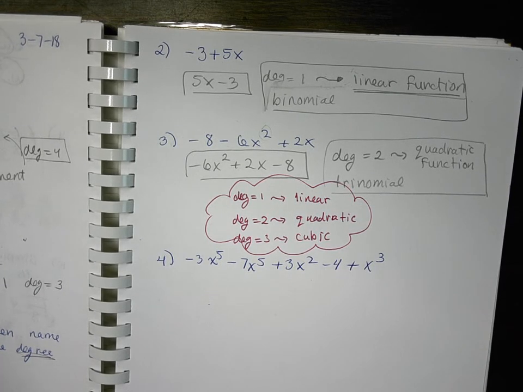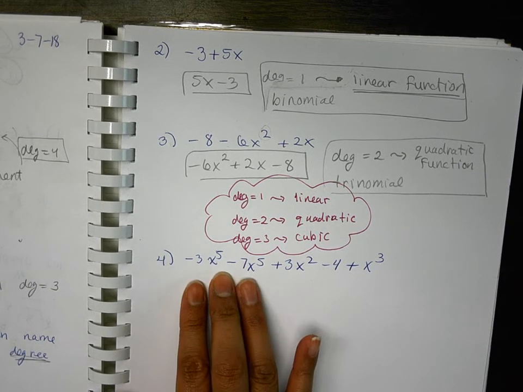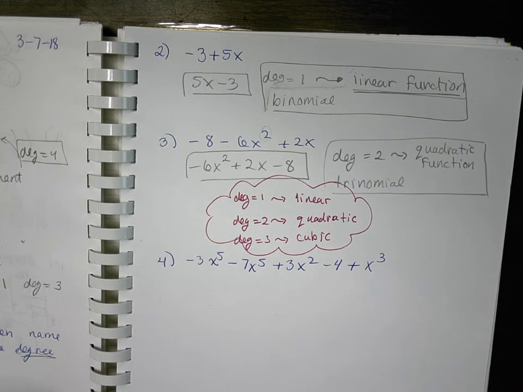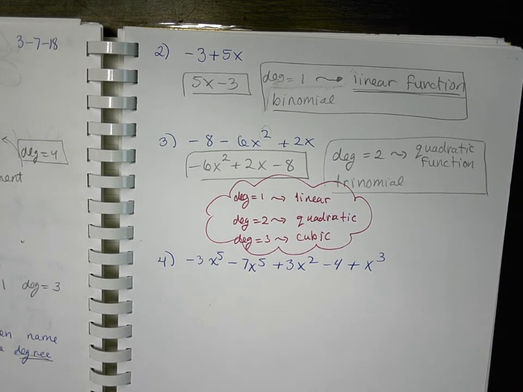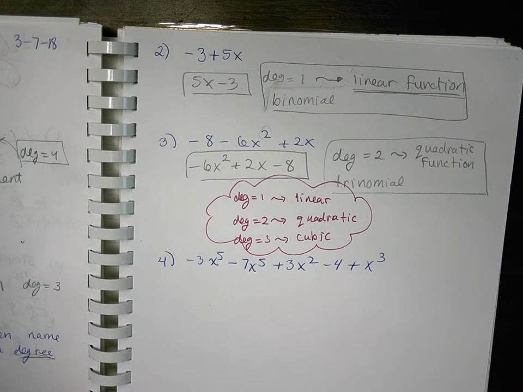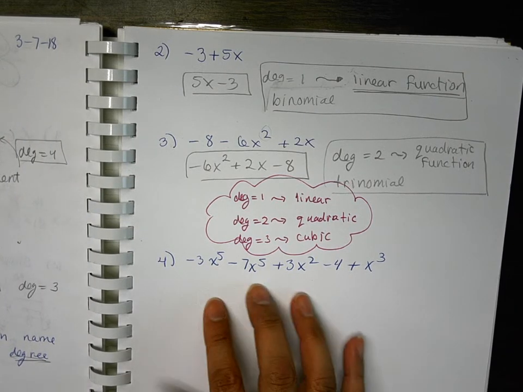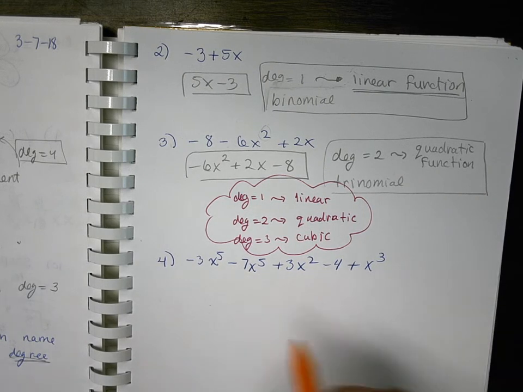It would be negative 10x to the 5th. Are there like terms? If there are like terms, you have to clean that up first. If I said this is a 5-term polynomial, would that be wrong? Is this really a 5-term polynomial? No, because there are like terms.